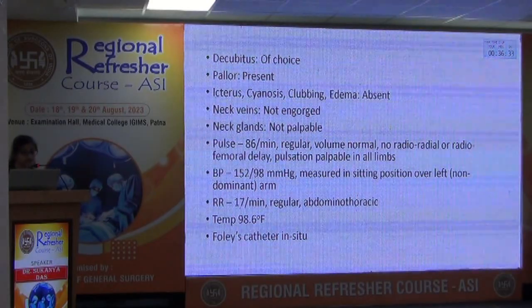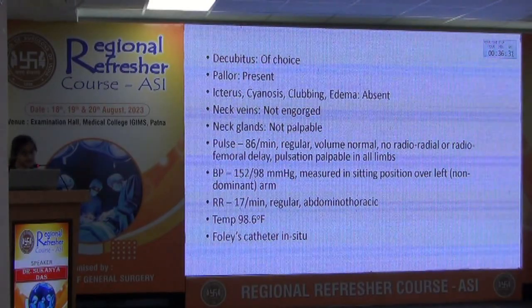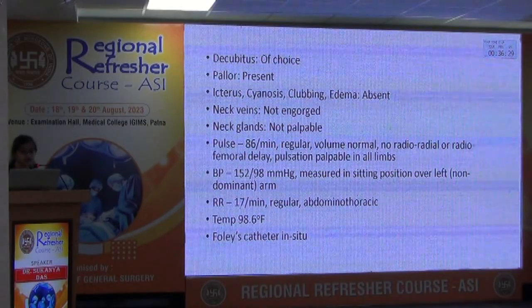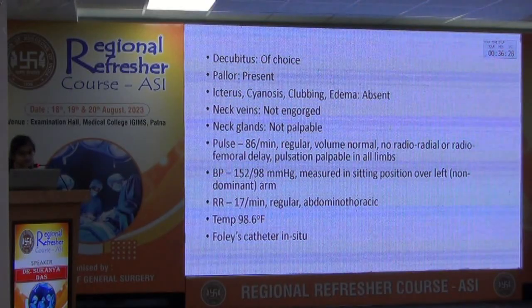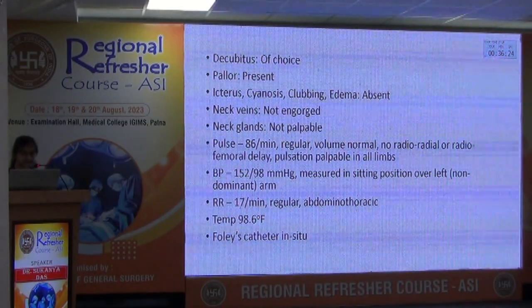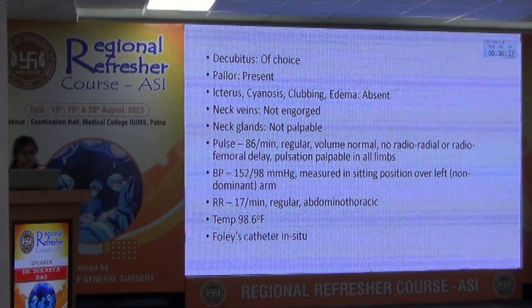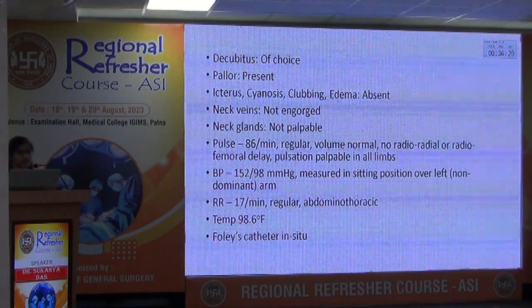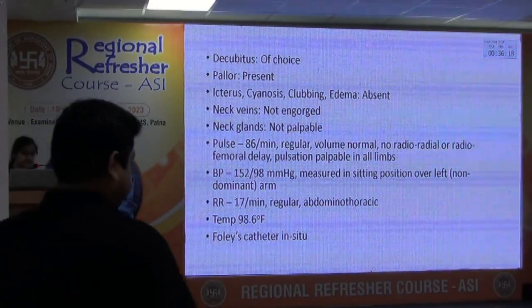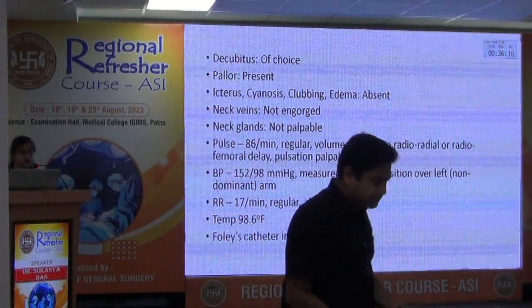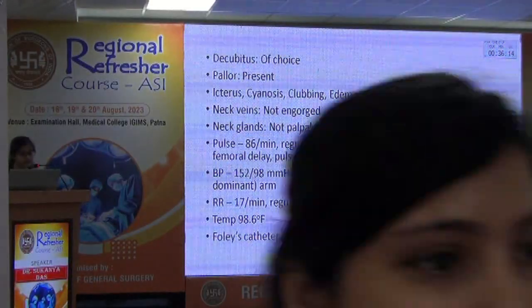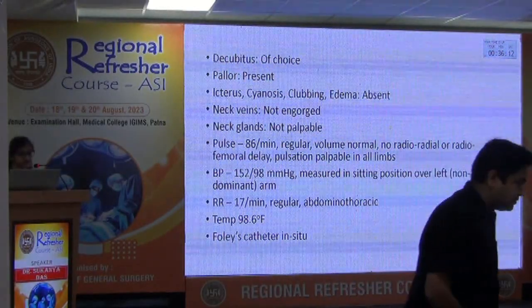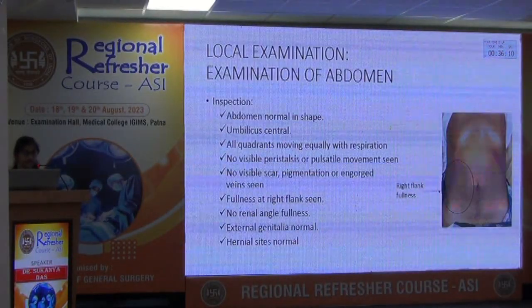Pallor was present, but icterus, cyanosis, clubbing, edema were absent. Neck veins were not engorged. Neck glands not palpable. He had a pulse of 86 per minute, regular, normal volume, no radio-radial or radio-femoral delay appreciated. He had a BP of 152 by 98 millimeters of mercury and a respiratory rate of 17 per minute. Temperature 98.6 degrees Fahrenheit, and a Foley's catheter was in situ.